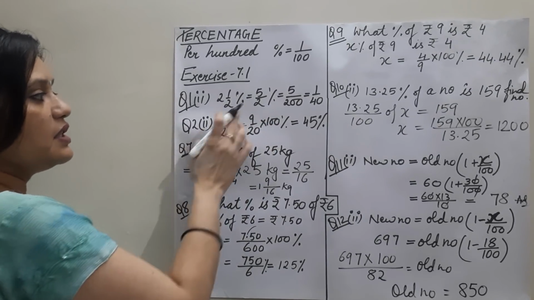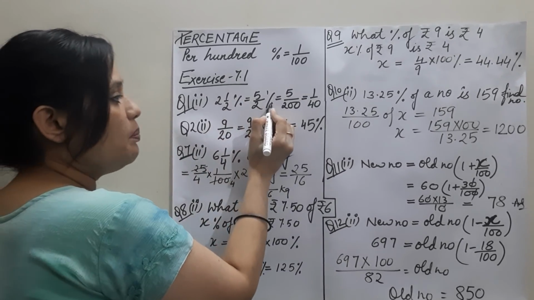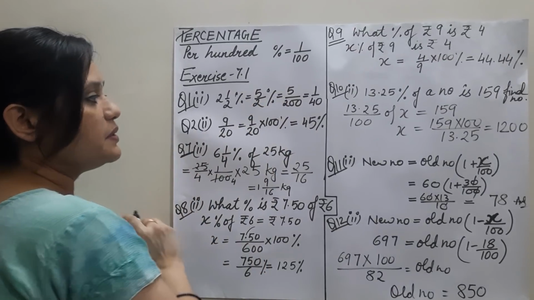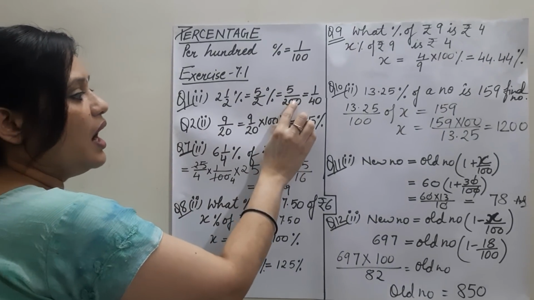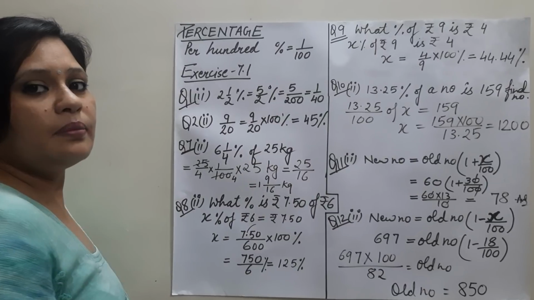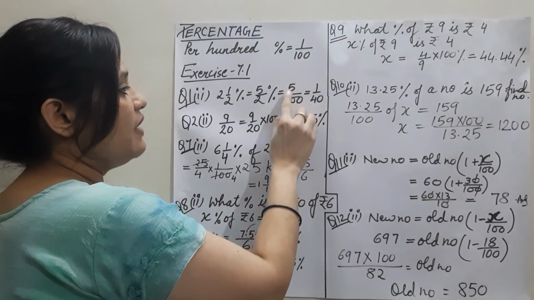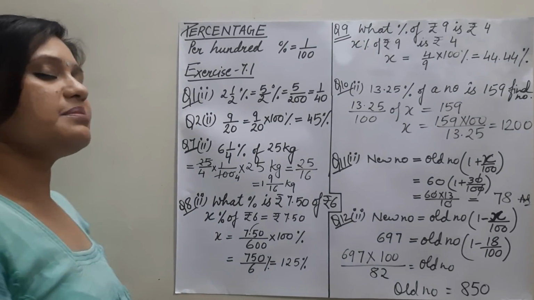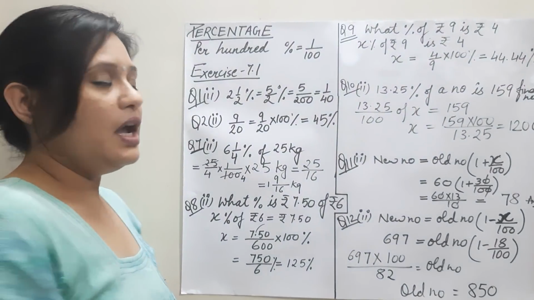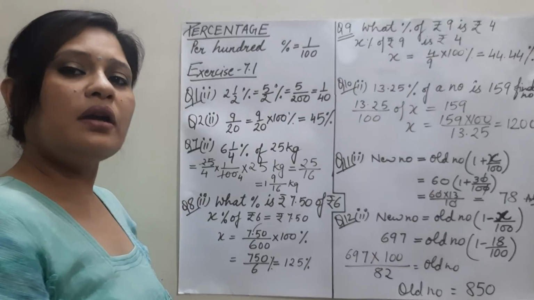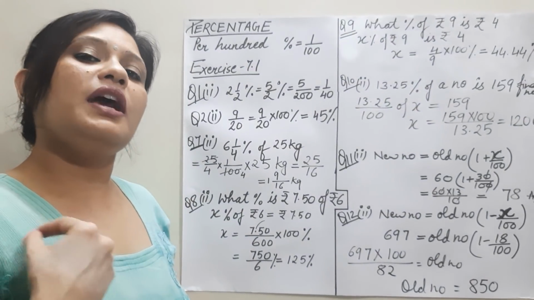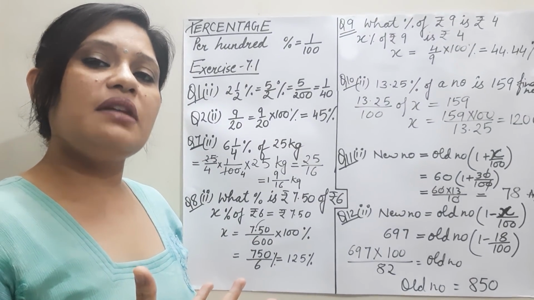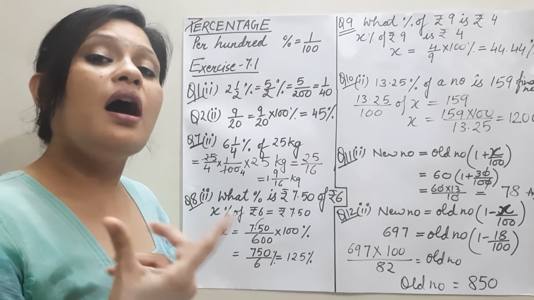It was given in a mixed number. So 5 upon 2. Now percent sign is removed. If percent sign will be removed, 100 will appear in denominator. Means 5 upon 2 into 1 upon 100, which becomes 5 upon 200. And later on we have got 1 upon 40. Clear? So if we have to remove percent sign, we have to divide by 100.